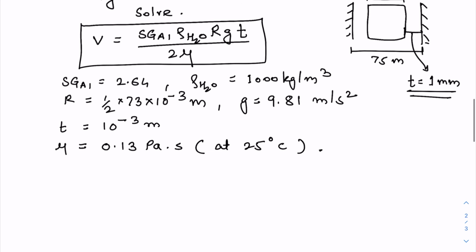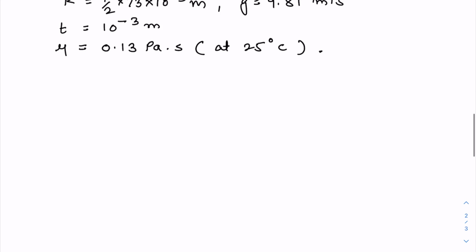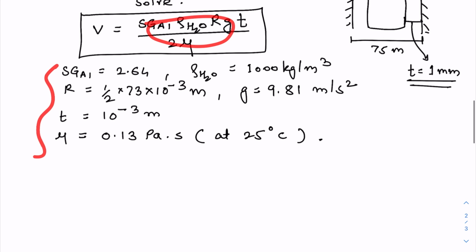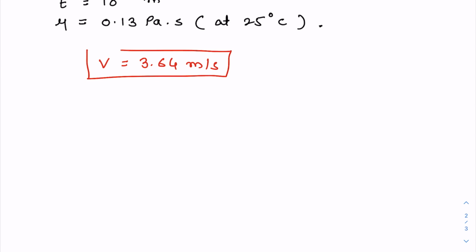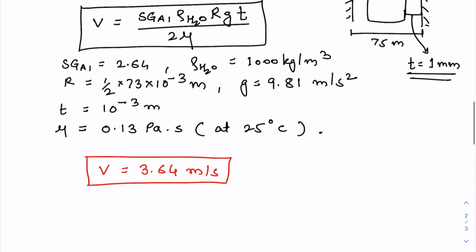So we have the values of all the variables on the right hand side, and if you substitute these in here, you'll find out that V, that is the terminal velocity that the piston will attain, is 3.64 meter per second. So this is the final answer.